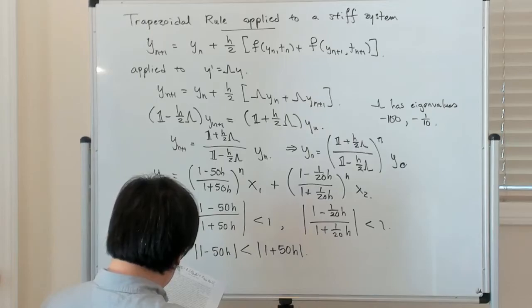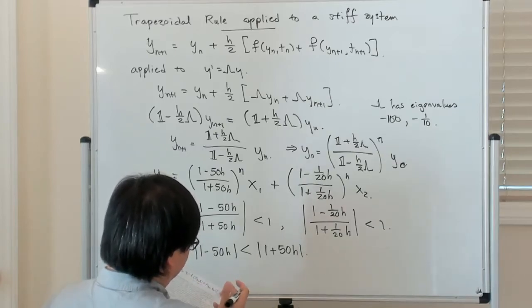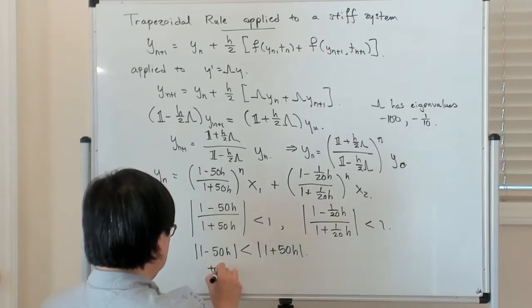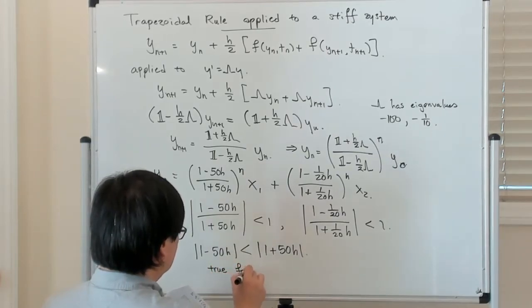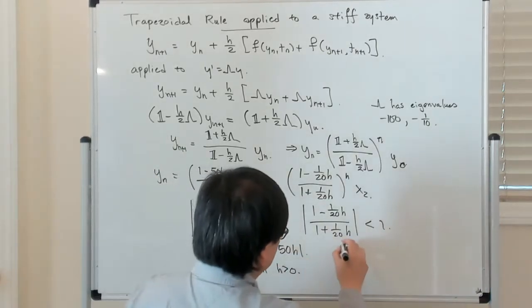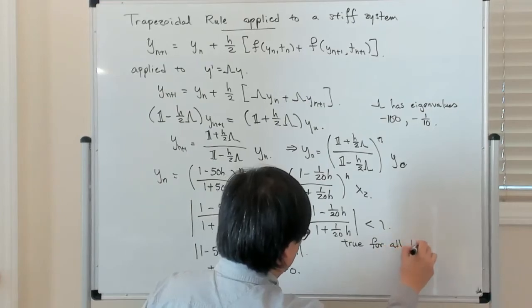And you can check that this is true for all values of h greater than 0. And the same thing is here. This is true for all h greater than 0.